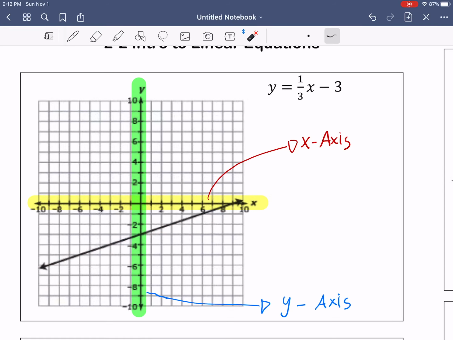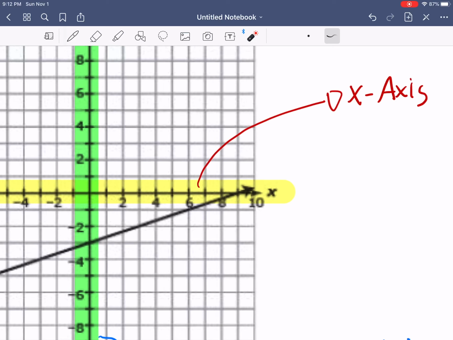So now let's try to find the x-intercept. What is the x-intercept? It's simple. The x-intercept is where this graph touches the x-axis. In this case, if you look carefully, it touches the x-axis here.